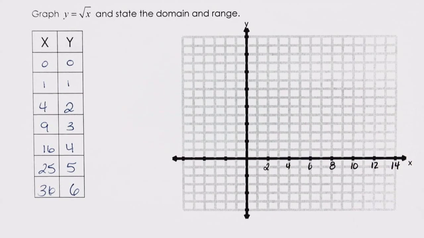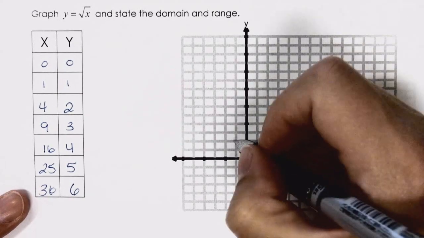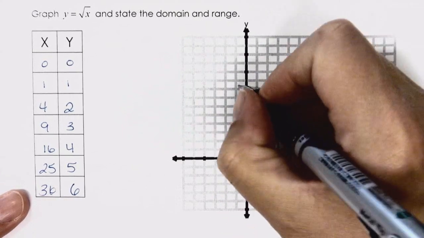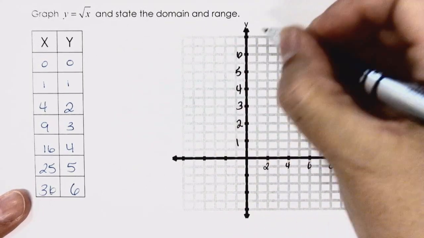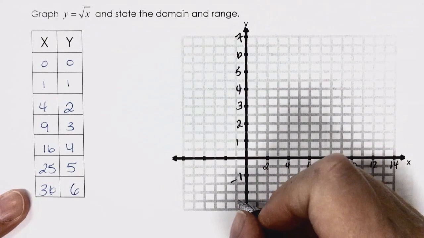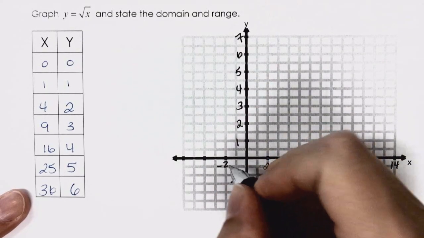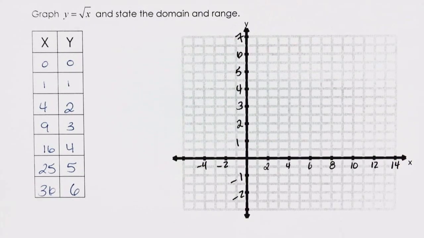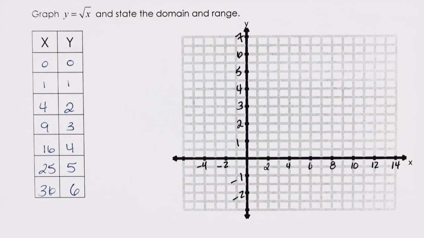We'll go to there. And then my y's are nice and easy. Okay, I got my increments on there. Life is good. And can you guys graph that table of values?